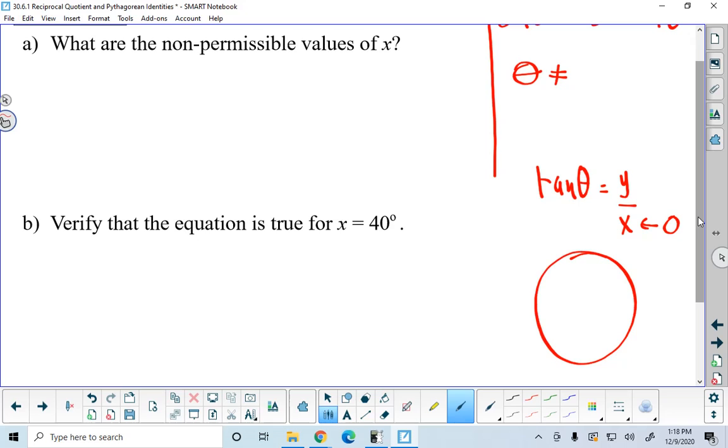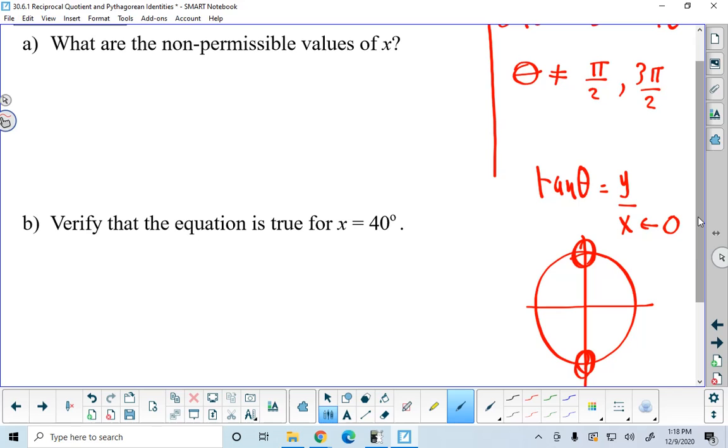Well, x equals 0 on the unit circle, here and here. So whenever the rotation angle terminates at the top or the bottom, tangent is not defined, which means theta cannot be something like pi over 2 or 3 pi over 2.